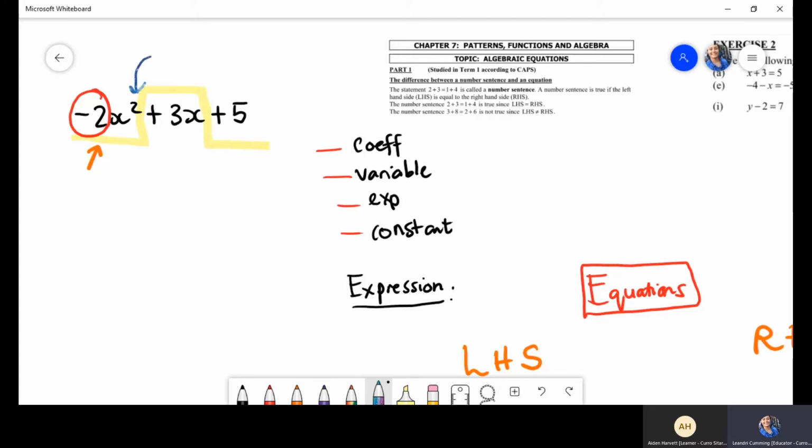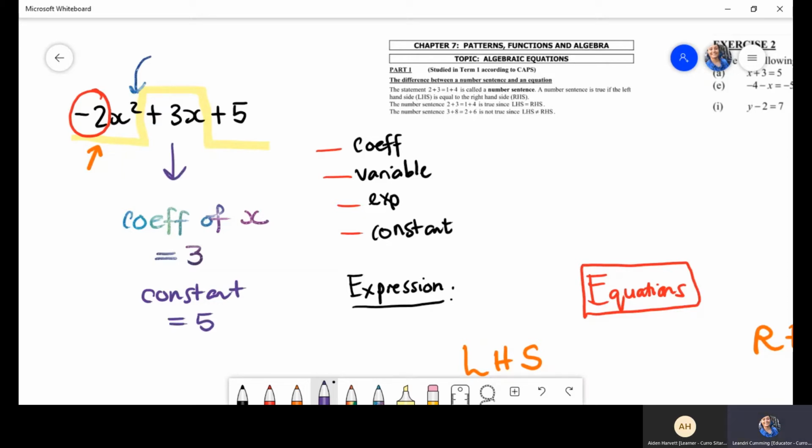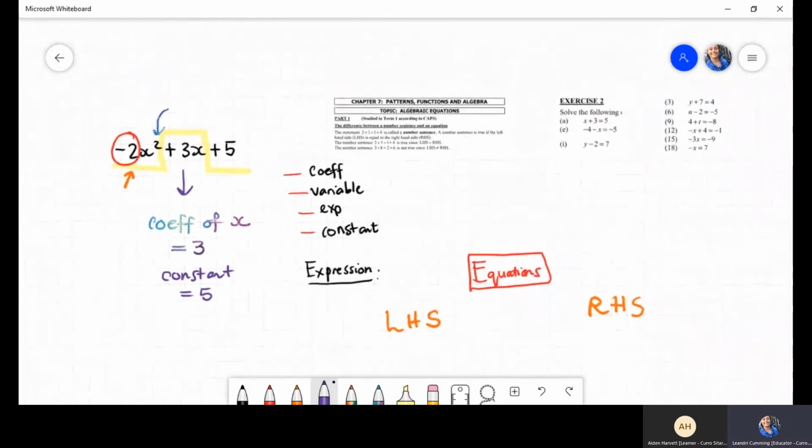But what is my coefficient of x? Here I would say it is 3, positive 3. What is my constant? In this expression above, the constant is 5. So we need to be very careful so that we can also work effectively and accurately with the signs.